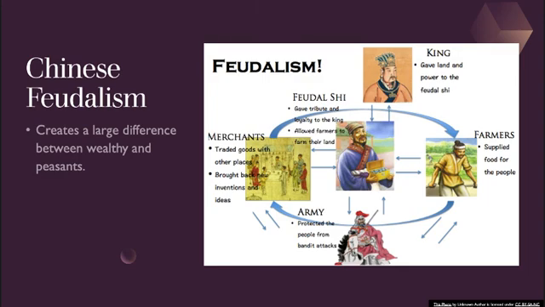And then all that land that you have, people live on it. They don't own the land. They just work on it. Those people are peasants. All right? So you have a very small number of wealthy landowning nobles and a large number of poor peasants who own nothing.